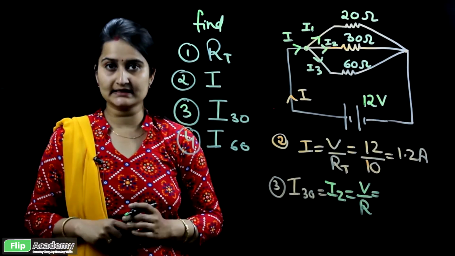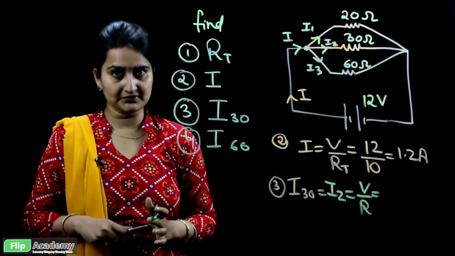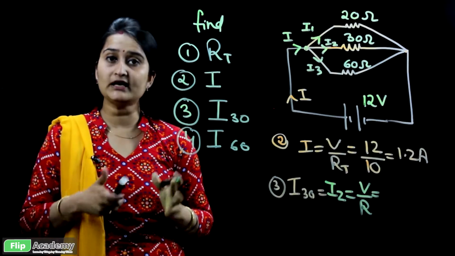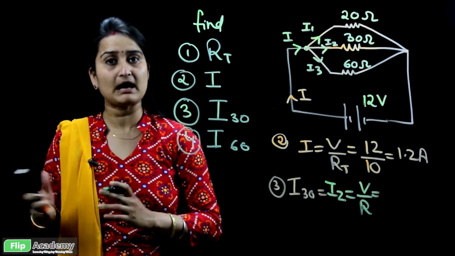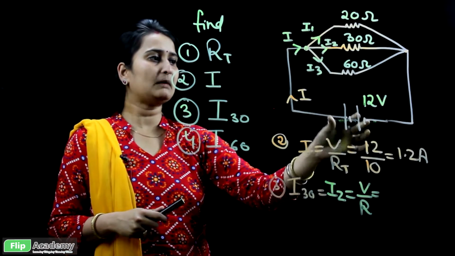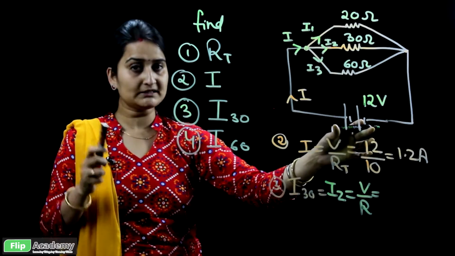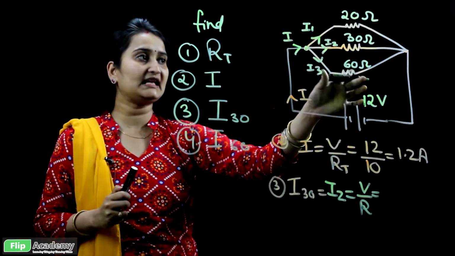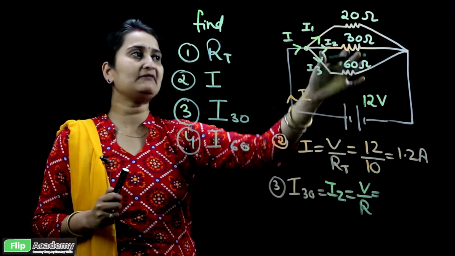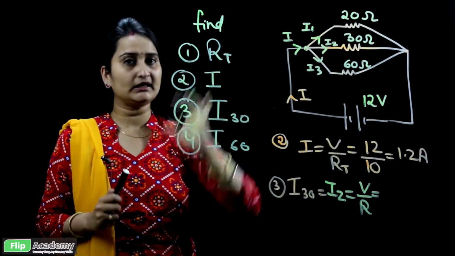What is V in this case? We have already discussed that in the case of parallel resistance, the potential difference of each individual resistance is identical to the potential difference of the power supply. Here the power supply, that is the battery, is providing a potential difference of 12 volt. So this 12 volt is the same for 60 ohm, the same for 30 ohm, and the same for 20 ohm.